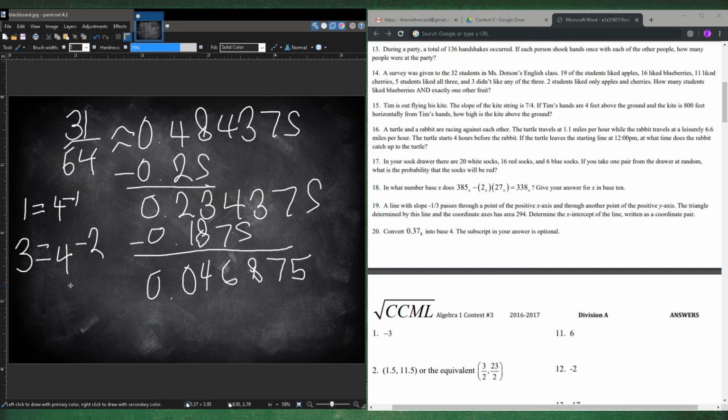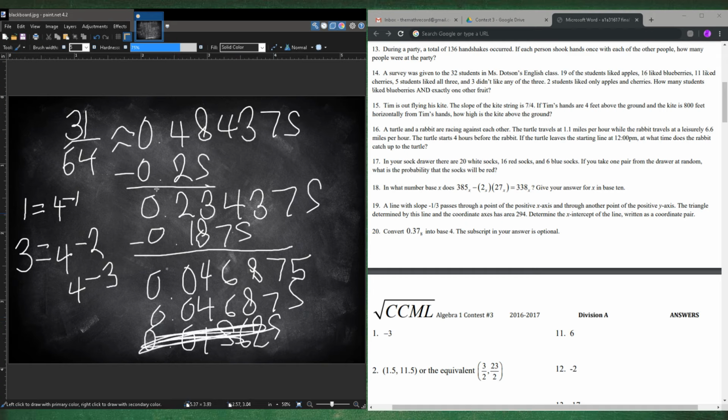And now we have 4 to the negative 3. 4 to the power of negative 3 is 1 over 64, which is 0.015625. What number can we multiply this by? We'll probably multiply this by 3, which gets us 0.046875, exactly the right number.